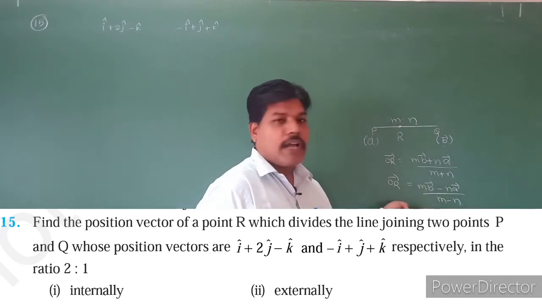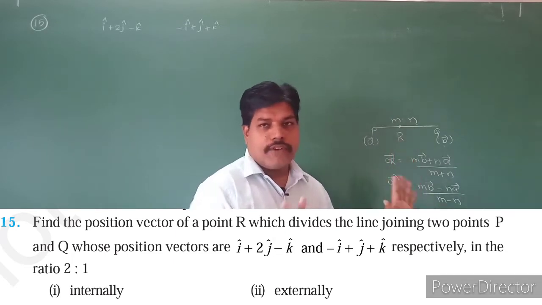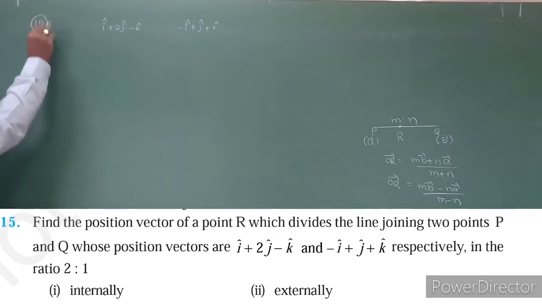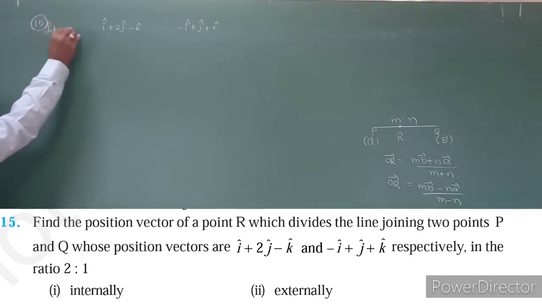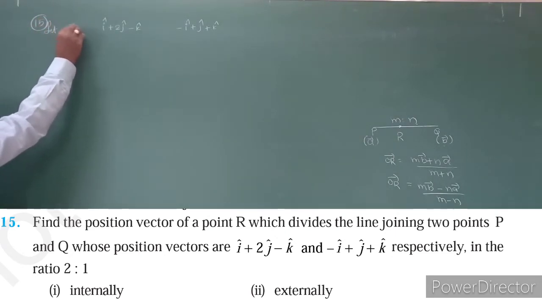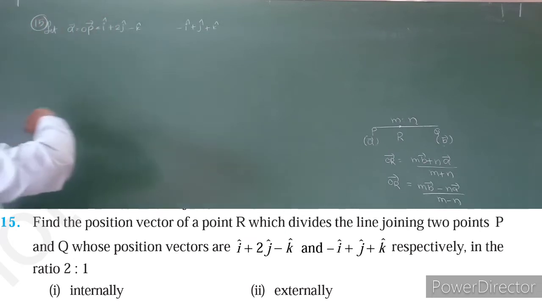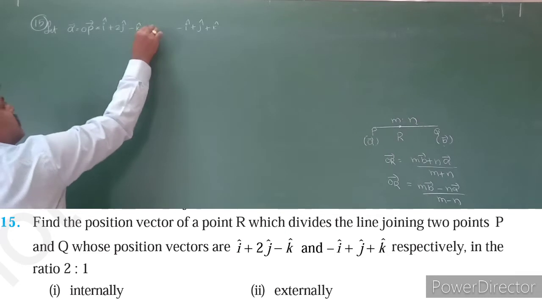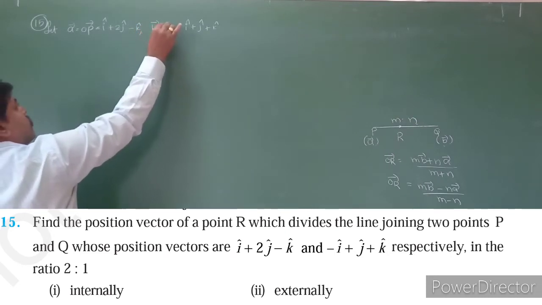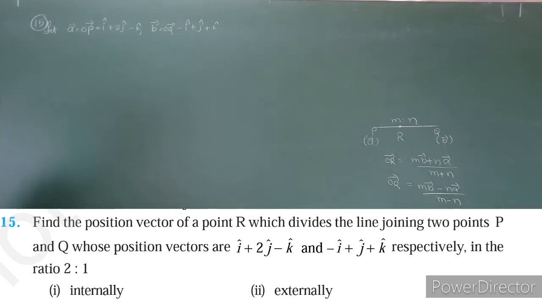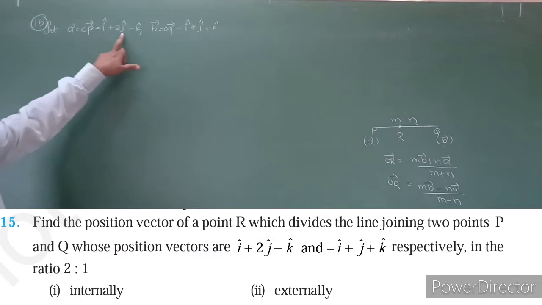So here we have to calculate these two. First, let A bar be the position vector of P, and B bar the position vector of Q. OP bar I am taking as A bar, that is i plus 2j minus k.